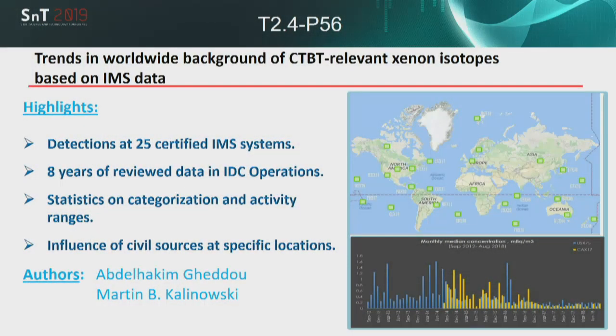It also shows a clear correlation between the site location and the medical isotope production facilities, but also nuclear power plants for some stations. So the poster number, as it is already here, is 56.